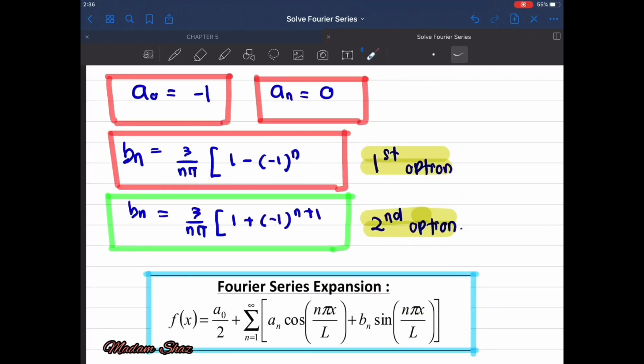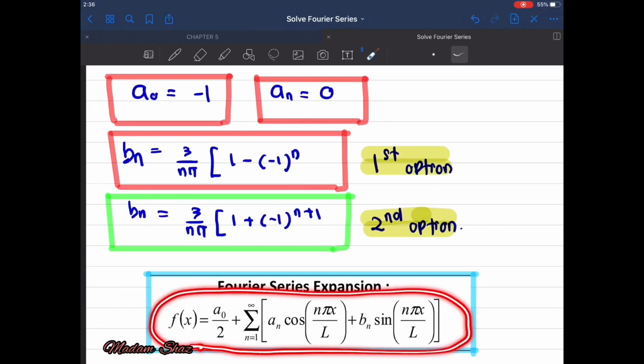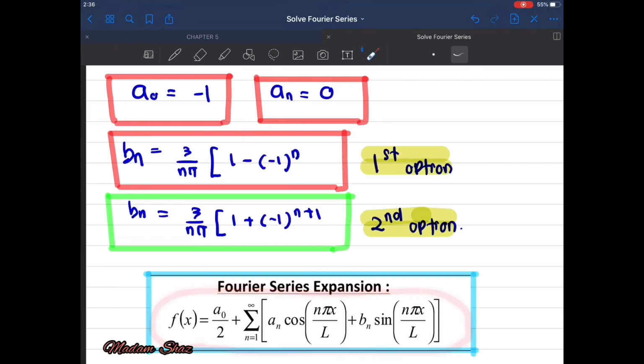Okay, now we will continue to write the Fourier series expansion. You have to copy down the formula for the Fourier series expansion, whereby you have f(x) equal to a naught over 2 plus summation n equal to 1 until infinity, in this big bracket, a_n multiplied with the cos plus b_n multiplied with the sine. So we have to substitute all the values that we have found before, a naught, a_n and b_n, into this formula.